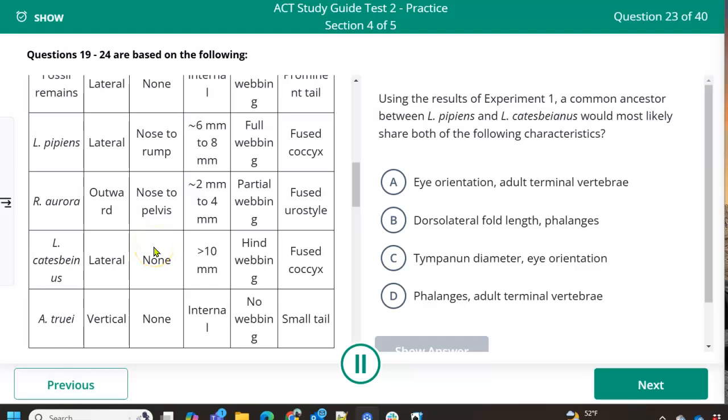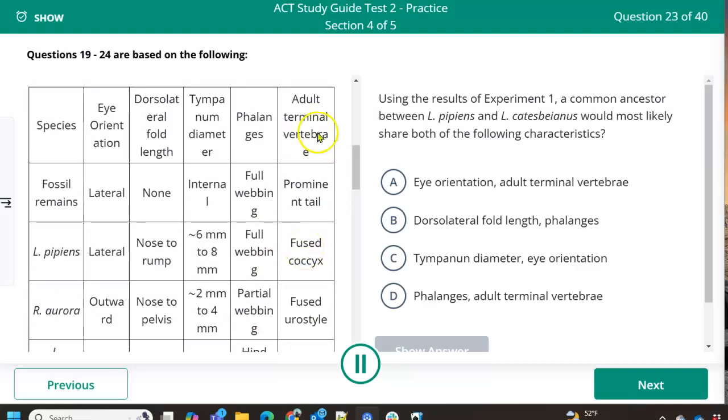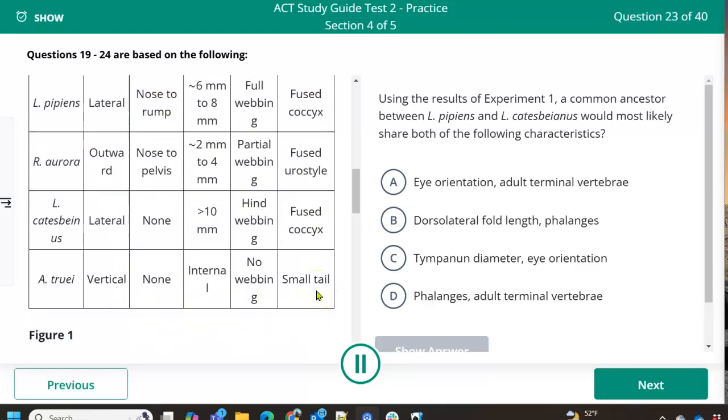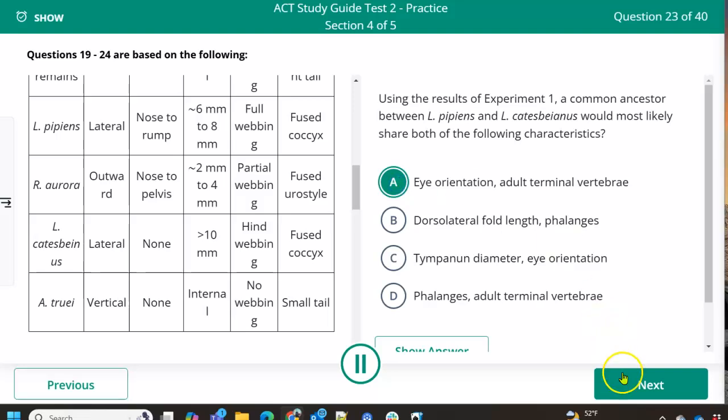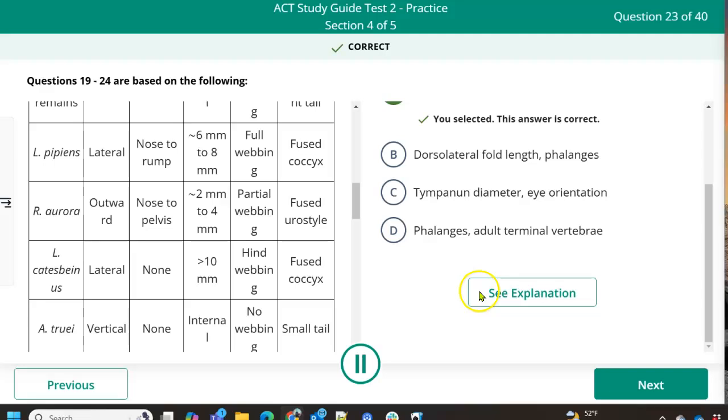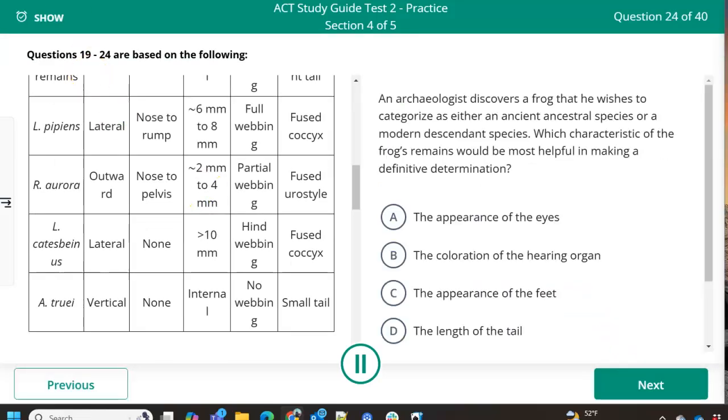This one, no. This one, not really. This one, not really. This one, yes. What is that one? Adult terminal vertebrae. So eye orientation, adult terminal vertebrae. Let's go with that. They are identical in both of those species.